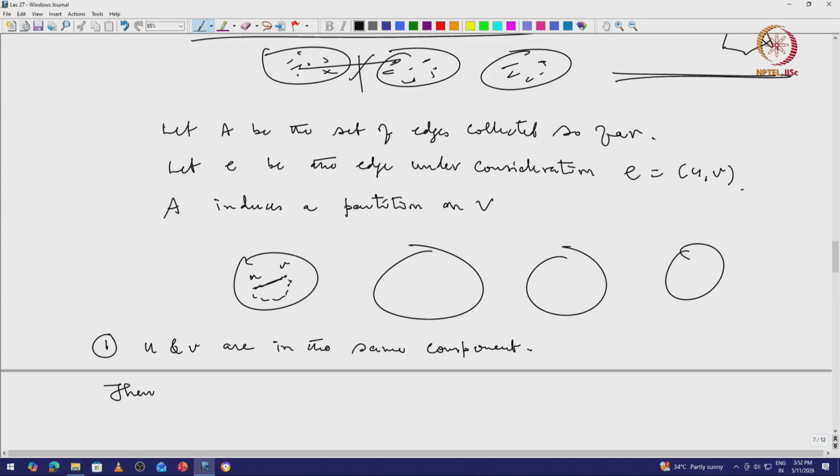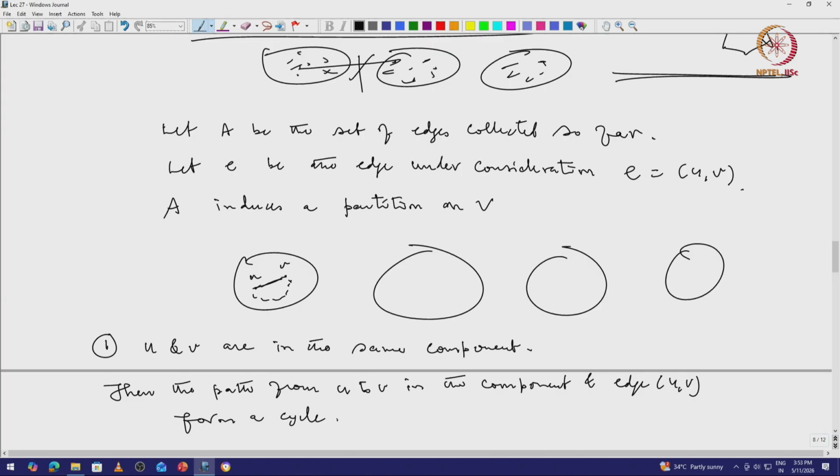The path from U to V in the component and the edge UV form a cycle.